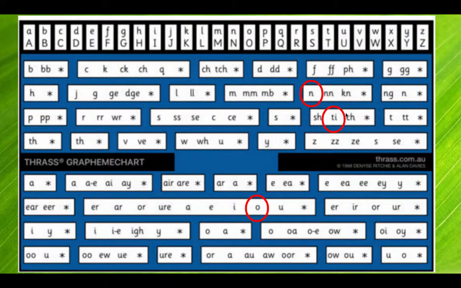We also have this interesting one over here, ch. And we don't find that very often in words that have a sh sound, but we might find it, for example, in the name Charlotte. We find that sh sound there. But of course, our list words this week are focusing on a sh sound that is produced by T-I.